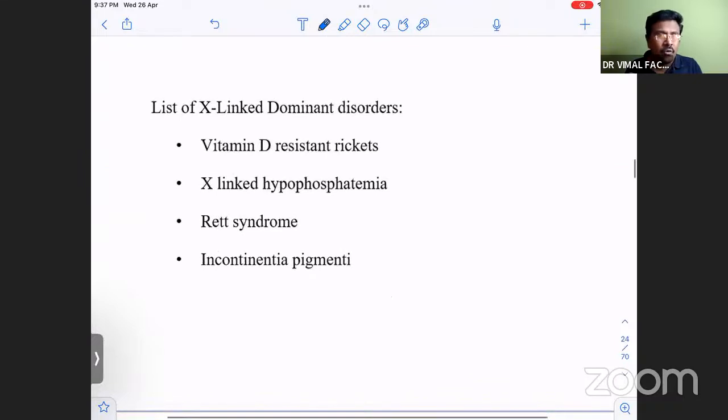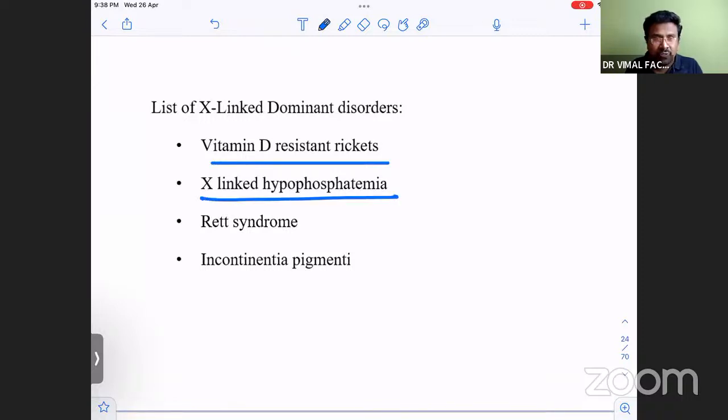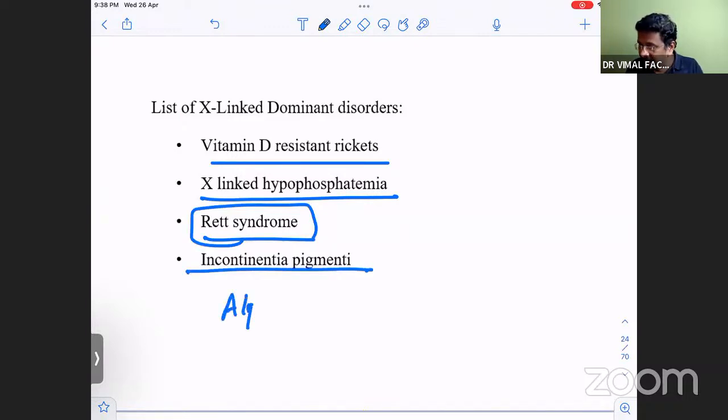Then there are only a few X-linked dominant conditions: vitamin D resistant rickets, X-linked hypophosphatemia, Rett syndrome, which is asked in our question, incontinentia pigmenti, and Alport. Remember students, this autosomal dominant and recessive mode of inheritance, as well as the special strains, is an evergreen topic, and every examiner's favorite thing.